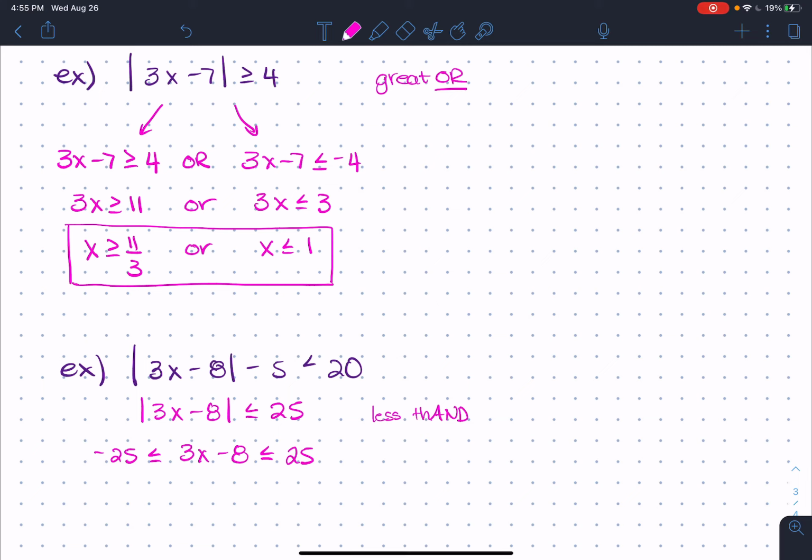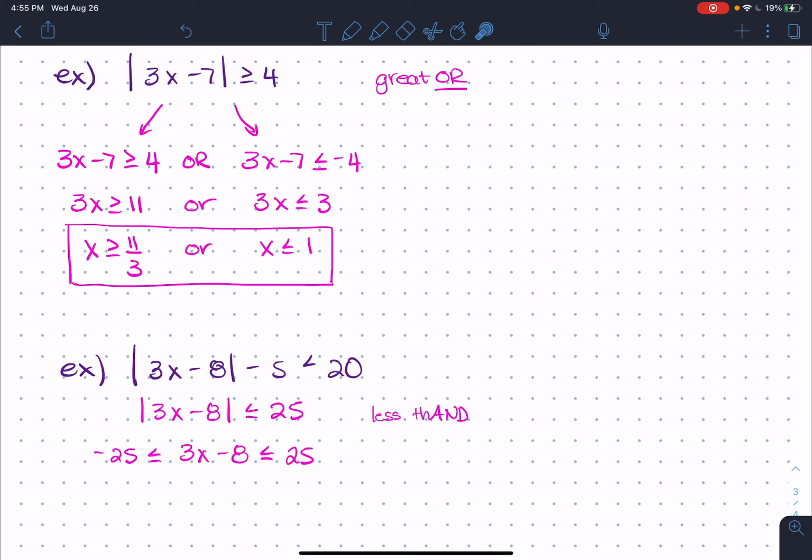And it may not seem like I flipped the inequality, but I really did. It's just things are on different sides. Here on this side, the inequality is eating the 25. But on this side, the alligator is not eating the negative 25. So the symbol really is flipped in relation to the negative and positive 25.